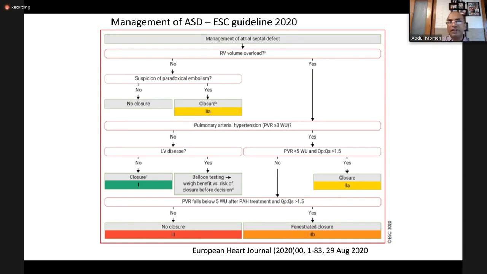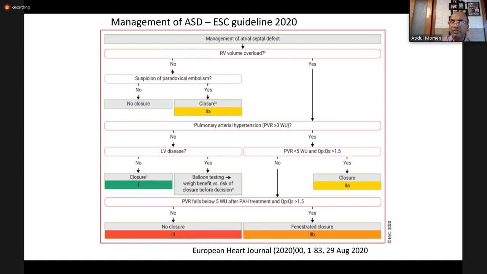Because LV dysfunction may be precipitated if we close the ASD, since some of the elevated LA pressure is transmitted across the ASD to the RA in diastolic dysfunction.